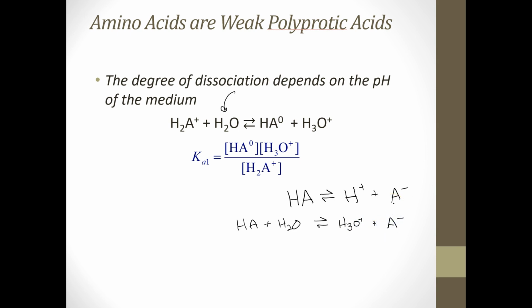Now, for a polyprotic system, we have multiple acids, one more acidic than the other. What we're seeing here above is closer to it, where you have a pair, and the charge here is to show the presence of that amino group, which is protonated in an amino acid.